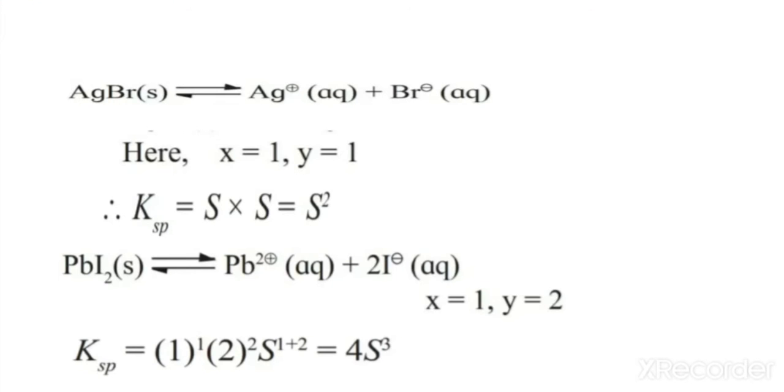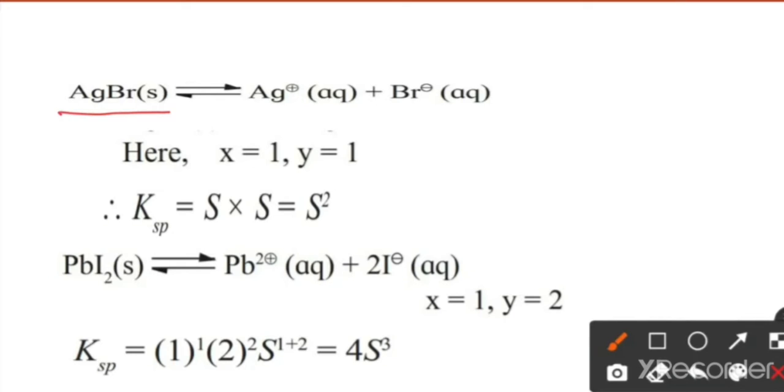Let us see how solubility and solubility product are related with each other with the help of different examples of salts. For the sparingly soluble salt silver bromide, it gives Ag plus ion in aqueous solution and Br minus ion in aqueous solution, and the values of x is equal to 1 and y is equal to 1 respectively.